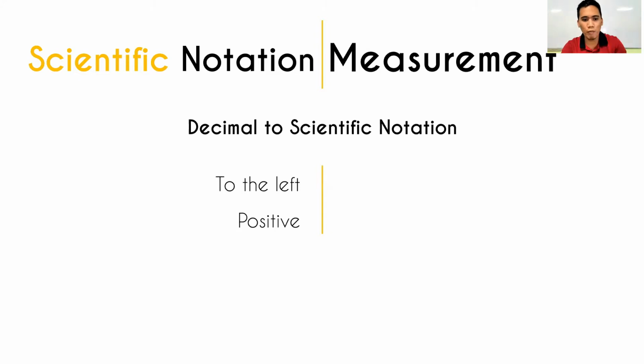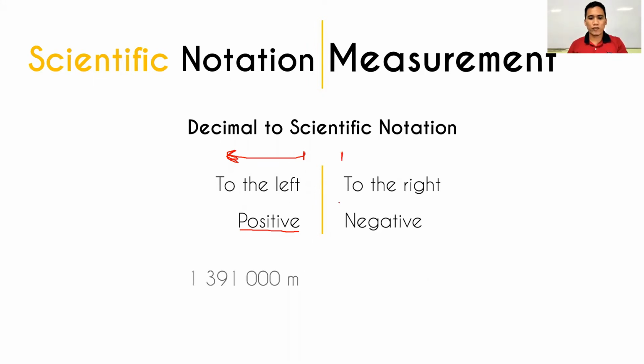So if the movement of your decimal point is from right to left, then the exponent is positive. But if the movement of your decimal point is from left to right, then the exponent is negative.